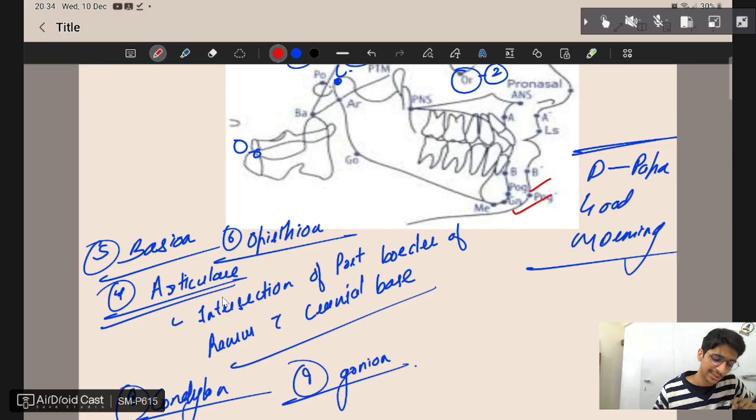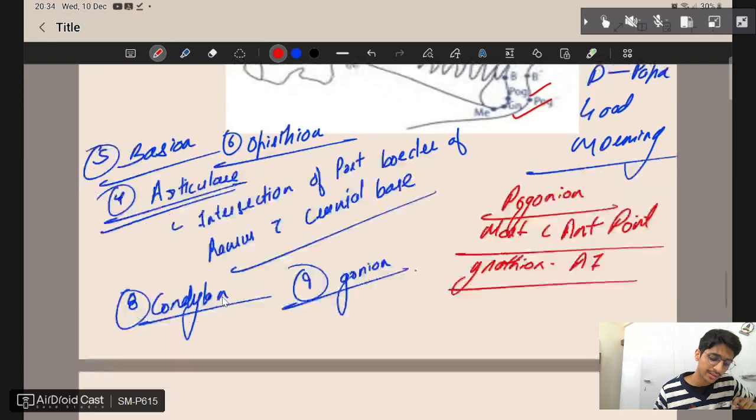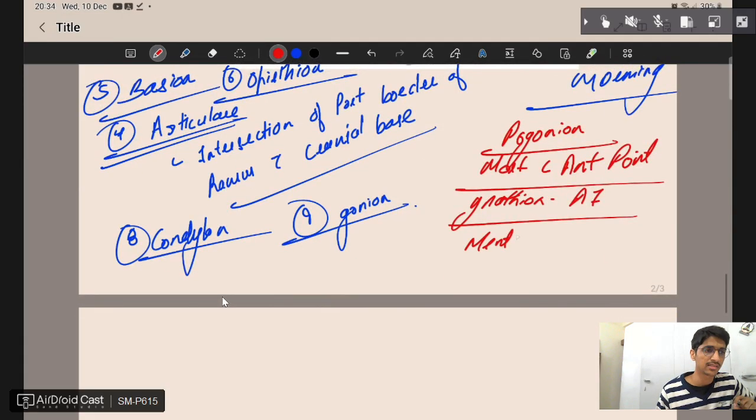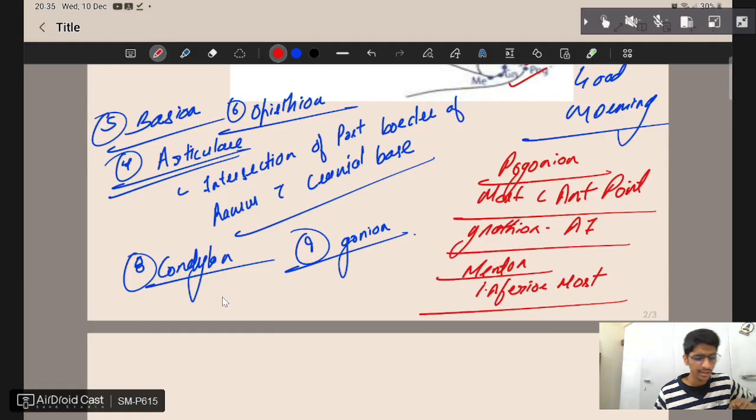The next one is gnathion, the anterior inferior point. Then comes menton, the last. Menton is the inferior most point, since it is present at the end.